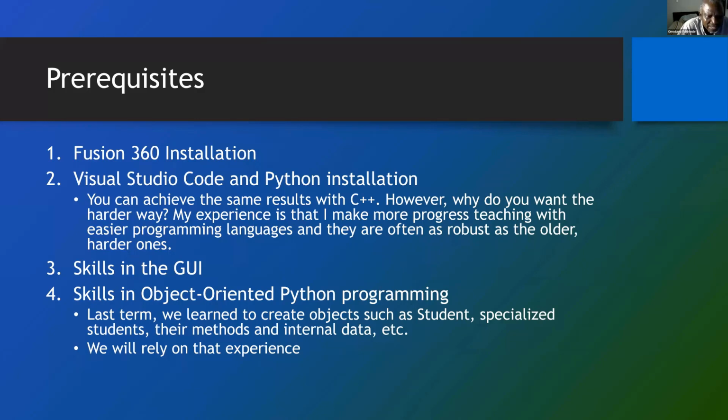You can also achieve the same results with C++. I think C++ also uses Visual Studio Code. However, why do you want the harder way? My experience is that I make more progress teaching with easier programming languages, and they are often as robust as the older, harder ones. I used to teach C++ in this university, but I found out that it is much harder.